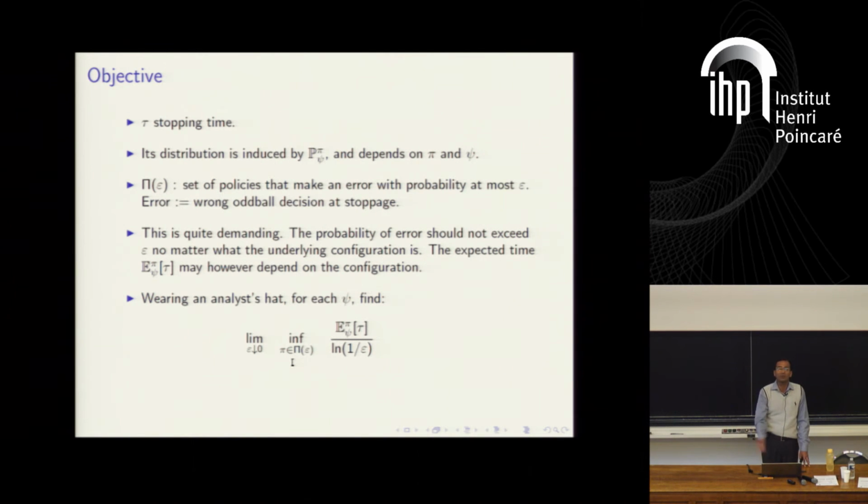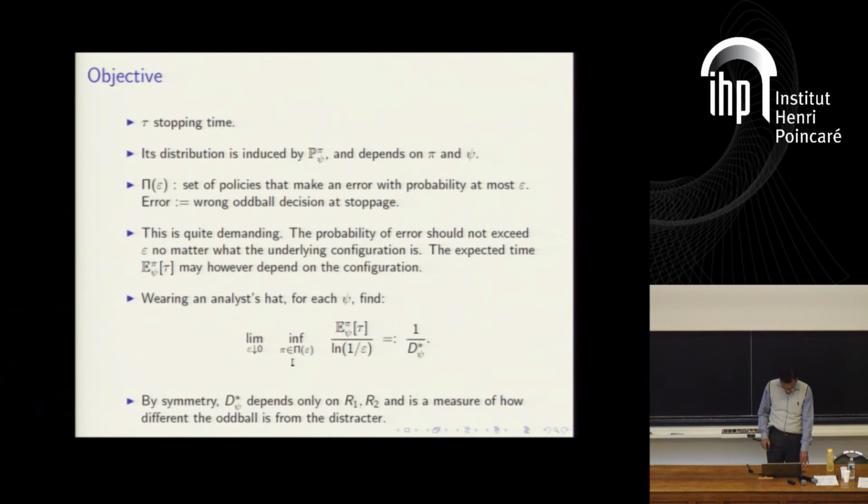And so the right normalization is you have to get rid of this log 1 over epsilon, and we drive the epsilon down to 0. And that essentially gives us some constant which I define, which could depend on the configuration. I define that as 1 over D xi star.